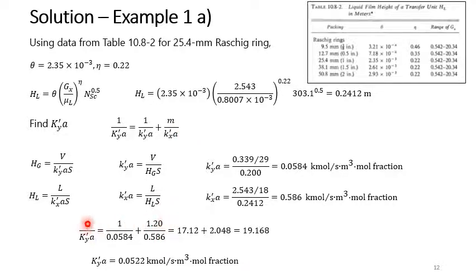So then you can calculate: 1 over capital Kya equals 1 over small kya, where small kya is 0.0584, plus m, which is 1.2, divided by small kxa, which is this value. So you just plug in the numbers and you get that the big Kya is equal to 0.0522. The unit is the same.